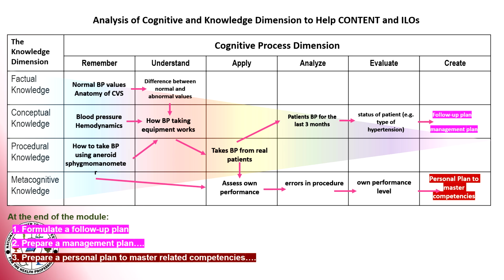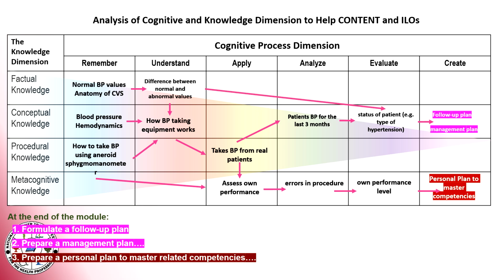And you can add a sub competency or a metacognitive outcome that will be prepare a personal plan to master related competencies. But this is basically individual level, no? Meaning it's not really for you to grade, but for the students to be able to assess themselves towards the development of self-directed learning competencies and lifelong learning competencies.